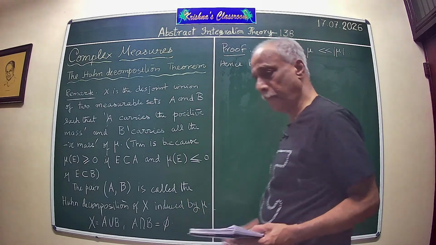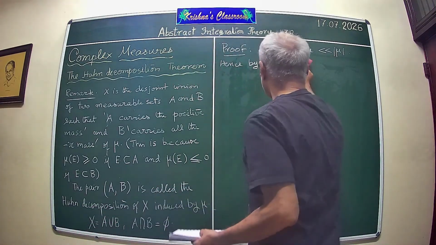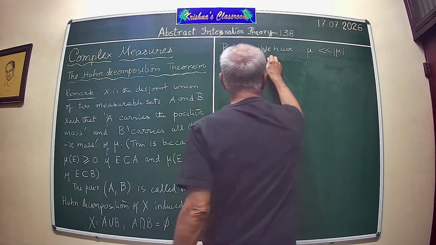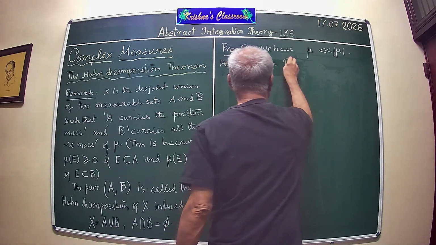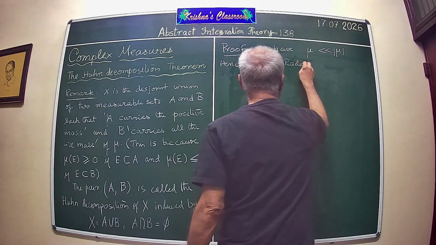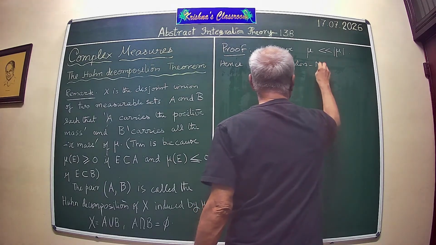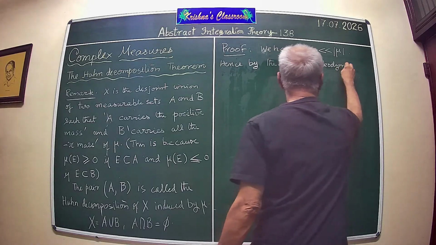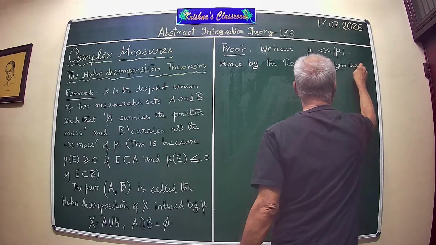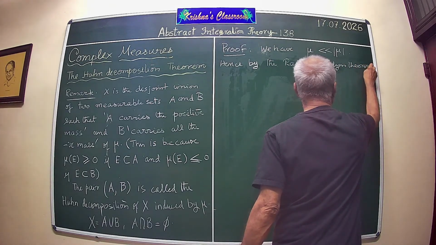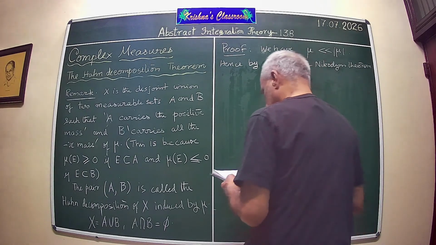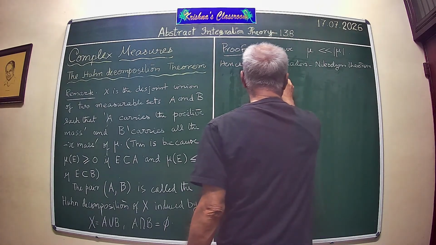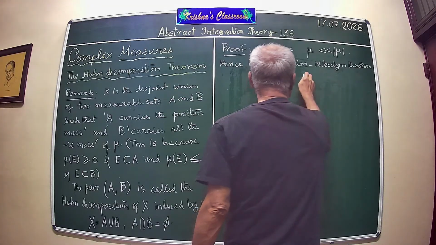Hence, by the Radon-Nikodym theorem, d mu equals h d|mu|.